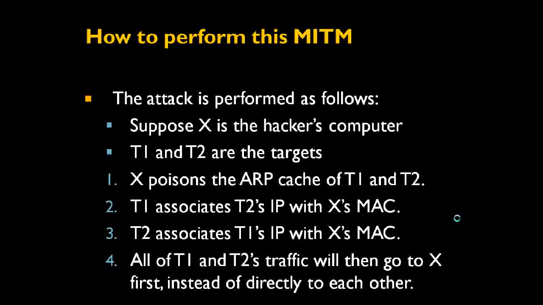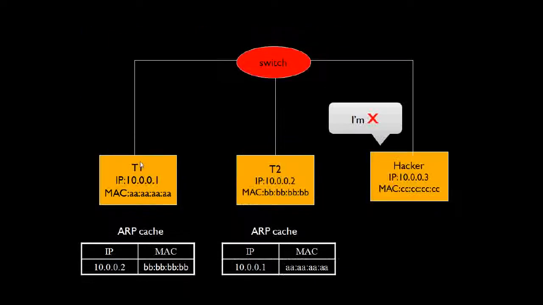Suppose X is the hacker's computer, and T1 and T2 are the targets. Then X poisons the ARP cache of T1 and T2. The ARP cache of T1 shows that the physical address, or MAC address, of this IP is this, which is true, and the physical address of this IP is this, which is also true.